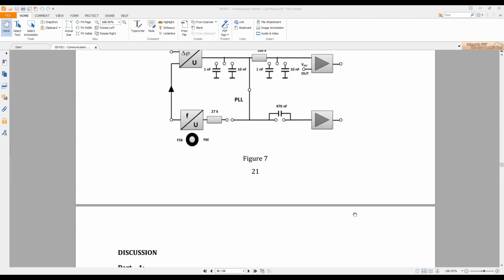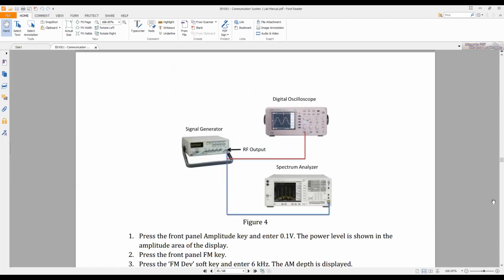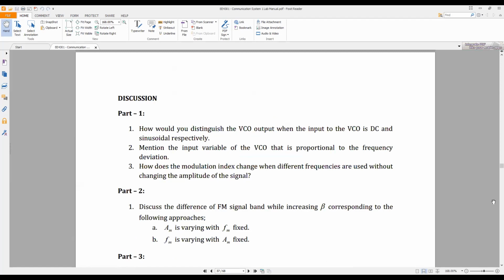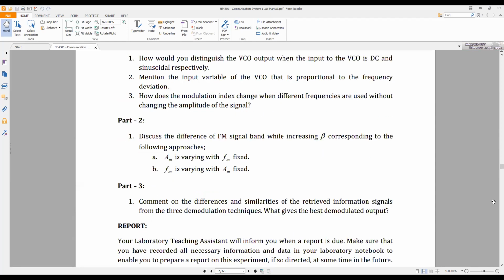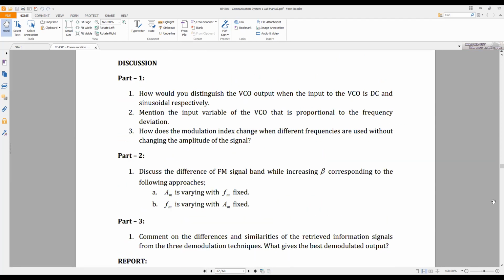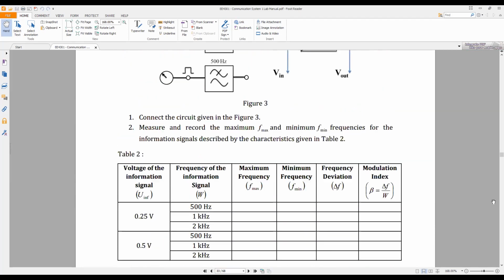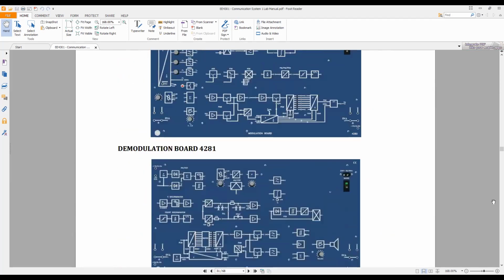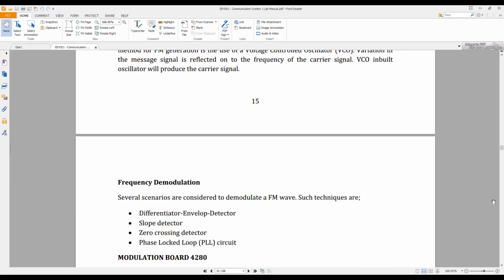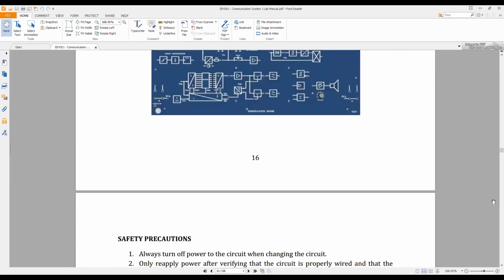Okay, we have done 4 parts in this practical. In the discussion, you have to answer 3 parts. I think in your lab reports you have enough space to write the answers, so write the discussion part there. And when we talk about the report from the beginning, do your pre-labs.